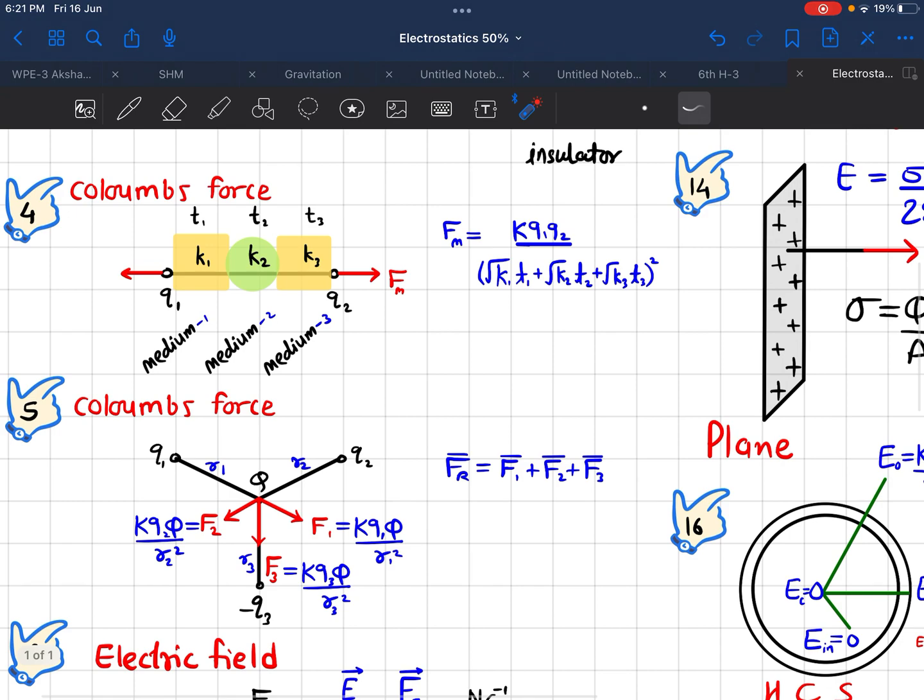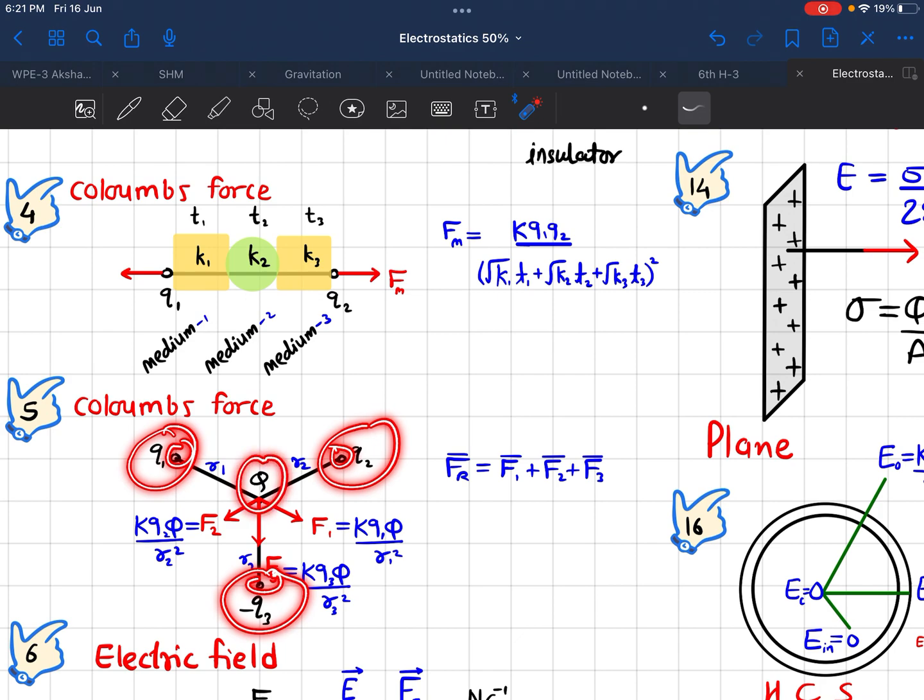And if we have to find Coulomb's force between multiple point charges, then we have Q1, Q2 and a negative charge Q3. Now the forces by Q1, Q2 and Q3 on a charge capital Q will be F1 equal to K Q1 capital Q by R1 square, F2 equal to K Q2 capital Q by R2 square, F3 equal to K Q3 capital Q by R3 square.